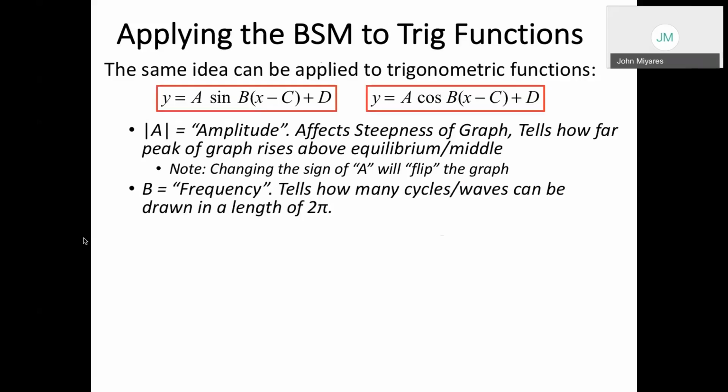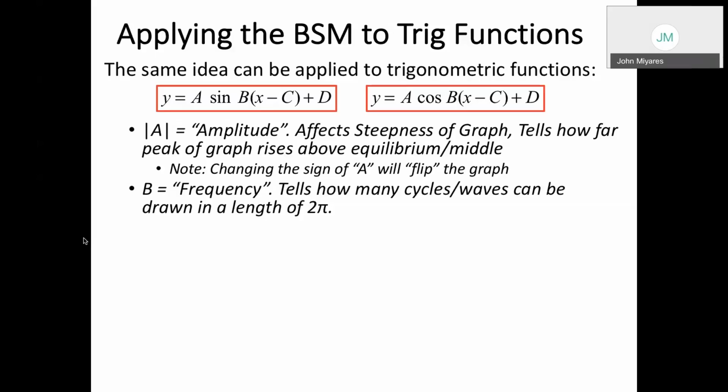The b value in front of that x expression is often referred to as the frequency of the graph, and it tells you how many cycles or waves can be drawn in a length of 2 pi radians along the x-axis. For a basic sine or cosine wave, the number of cycles that can be drawn is 1. The full cycle starts at 0 radians and ends at 2 pi radians, or from 0 degrees to 360 degrees is when you're going to be able to get the full cycle.